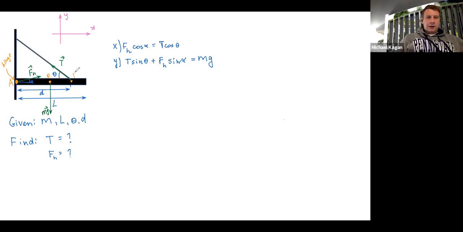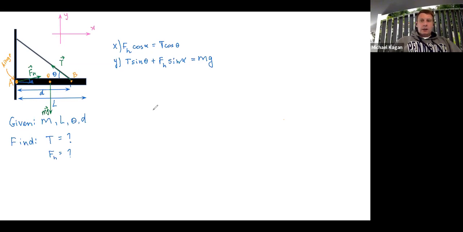You probably already have some intuition that not all of these equations will be independent anyway. But the rule of thumb is that a good axis is the one that has at least one force pass through it, because that will kill the torque of that force and make the math easier.